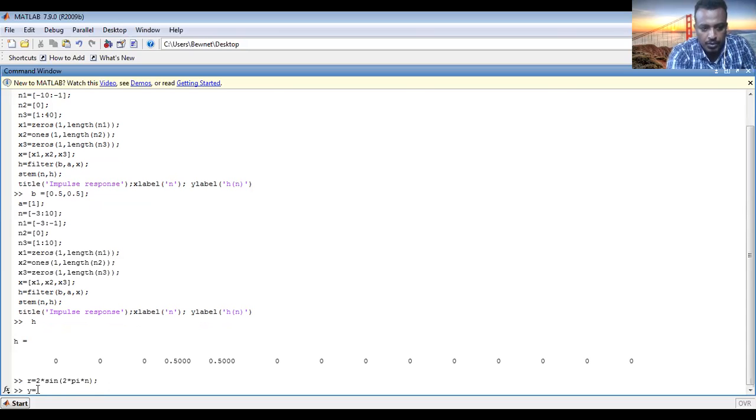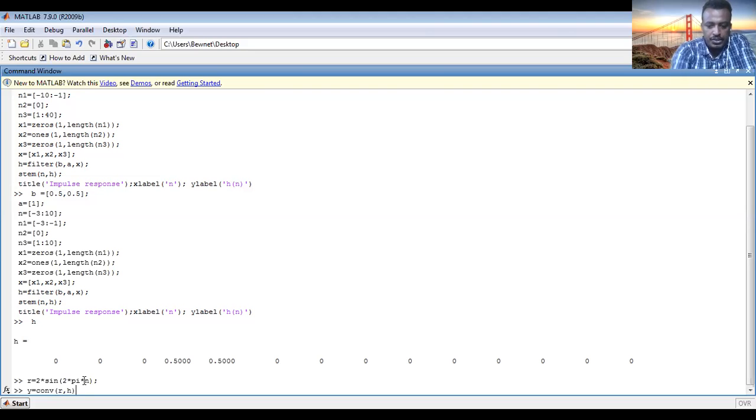Y is equal to convolution. By using conv in MATLAB, we are convolving the input, in our case X. What is X? This sinusoidal, sorry, R. Here I generate the input sinusoidal with amplitude 2, comma, convolution of input and h, the impulse response.